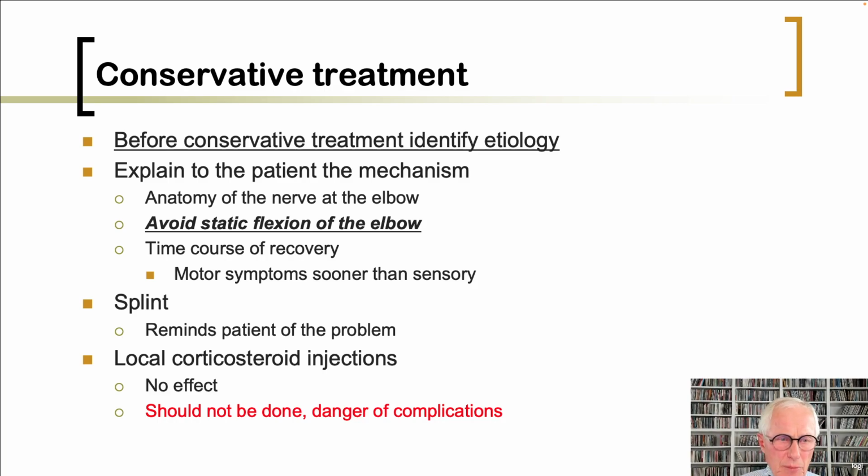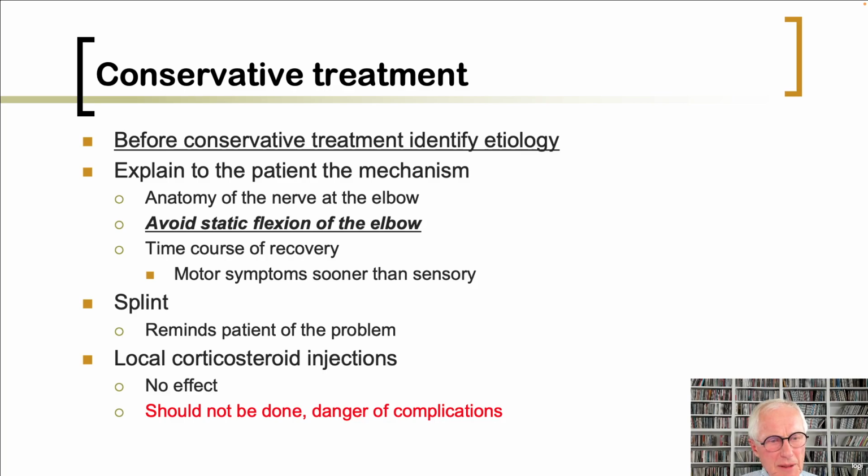The conduction block will usually recover within a few months, and the axonal involvement will take much longer, up to 1 year. And usually when I give the prognosis to the patient, I will be a little bit pessimistic. This way the patient will not get anxious if the neuropathy doesn't recover quickly.